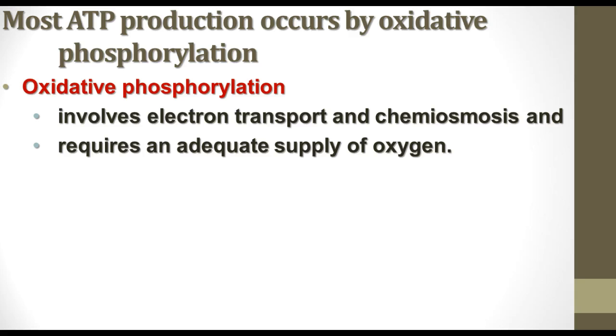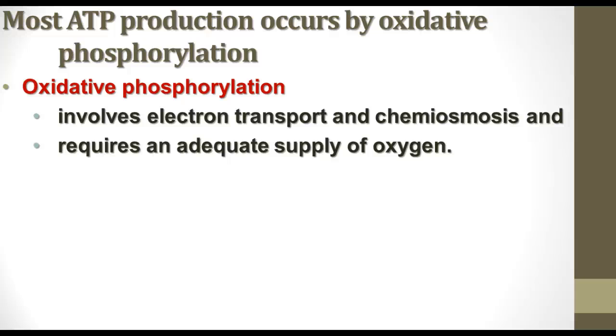Most of the ATP production in cellular respiration occurs by means of oxidative phosphorylation. This is going to involve the transport of electrons through a series of carrier molecules and a process called chemiosmosis that produces the ATP and requires a supply of oxygen.